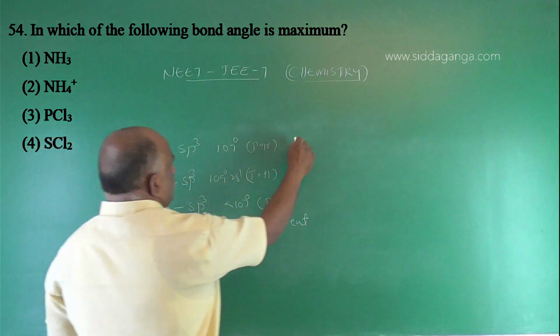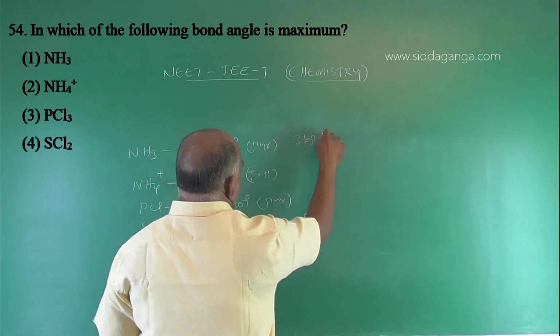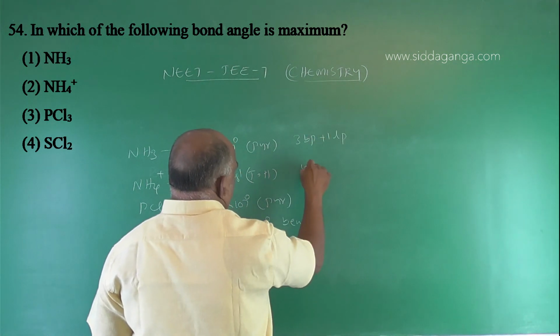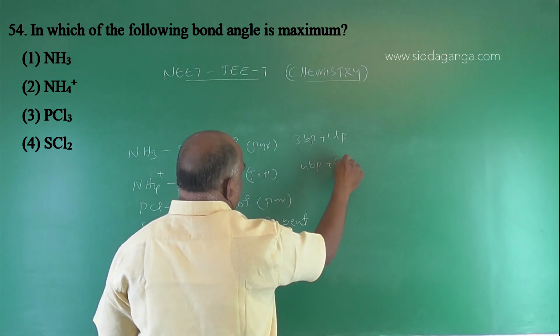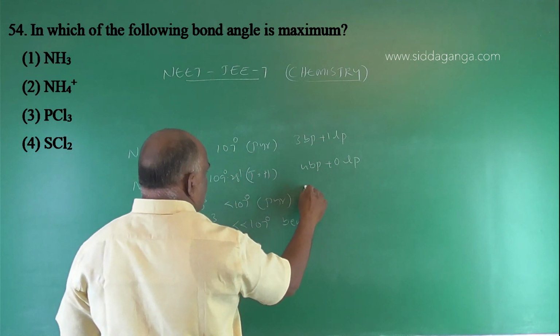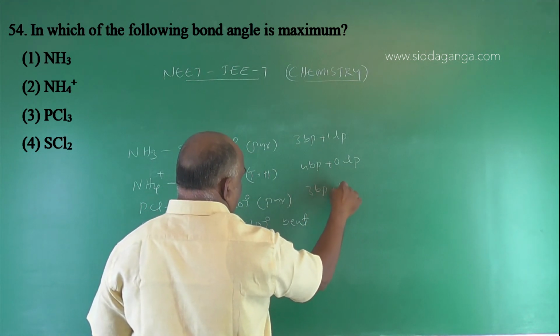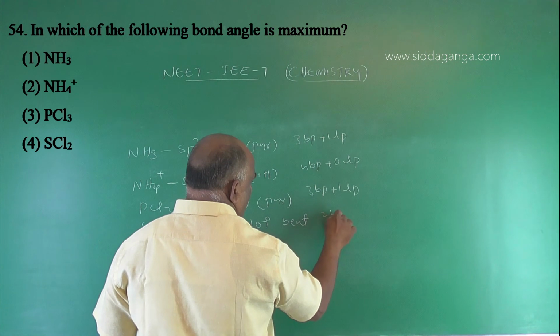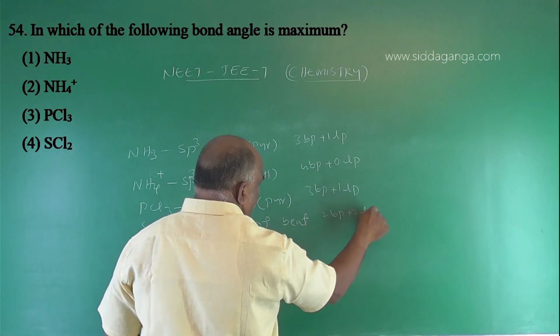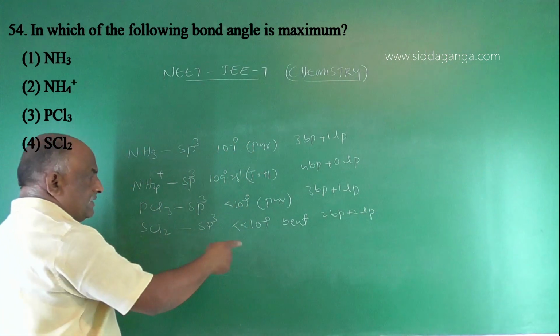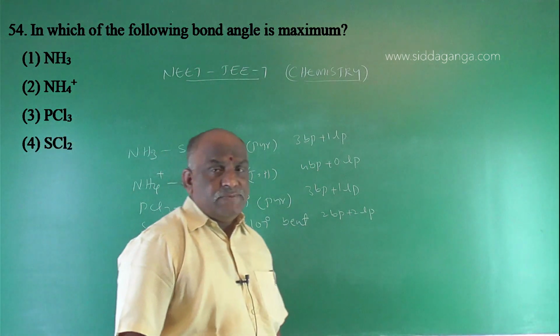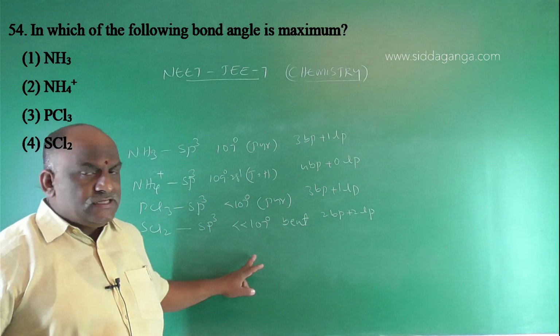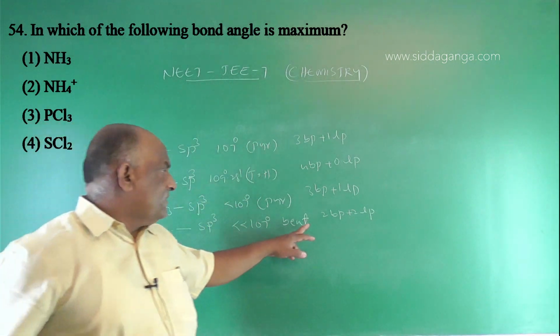Option 1 has 3 bond pairs plus 1 lone pair. Option 2 has 4 bond pairs, 0 lone pairs. Option 3 also has 3 bond pairs plus 1 lone pair. And option 4 has 2 bond pairs plus 2 lone pairs, sp3 hybridization just like a water molecule, and the shape is bent or angular.